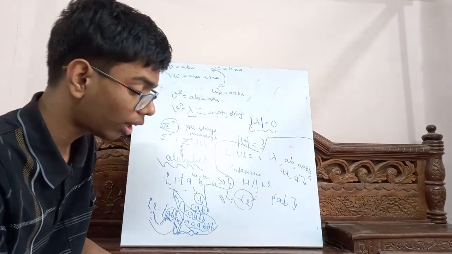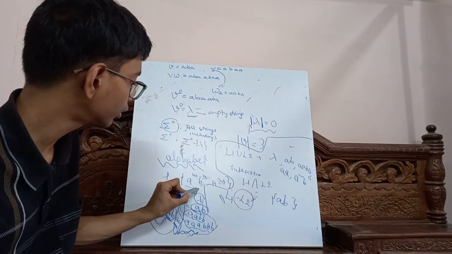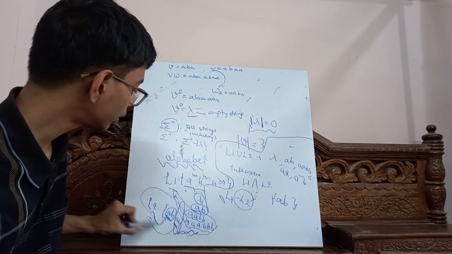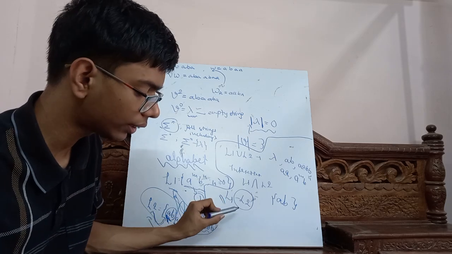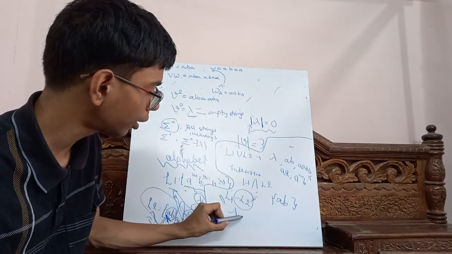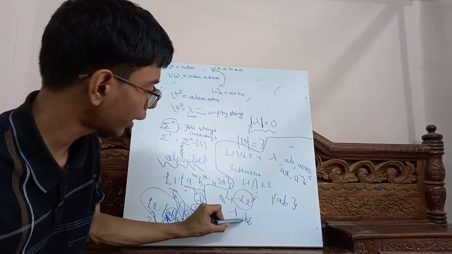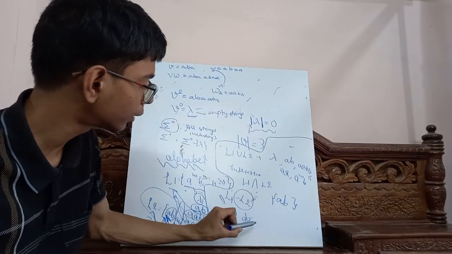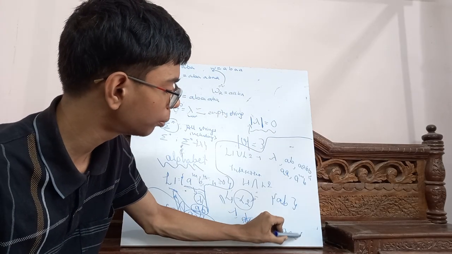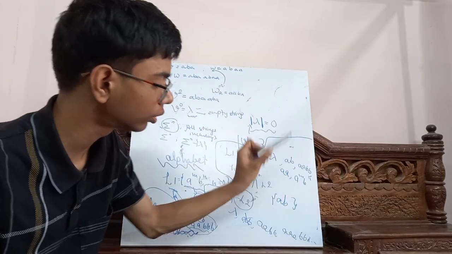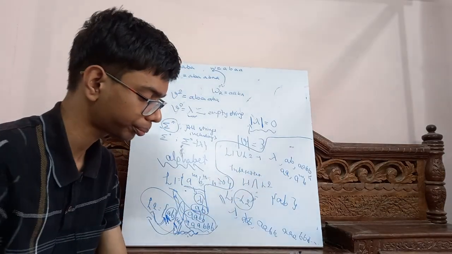So I will remove those in L1 that are present in L2. I will remove the matching ones. So I can simply write lambda, ab I will not write because here it is getting subtracted, abb, abbb, and so on.